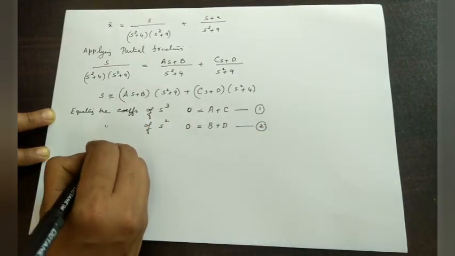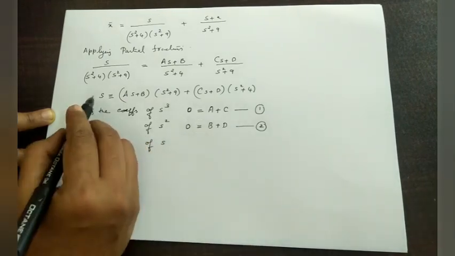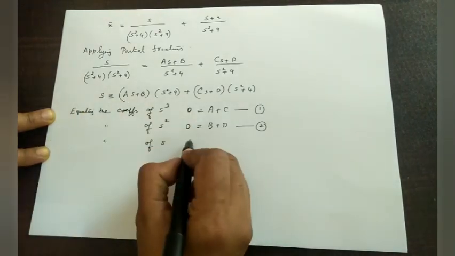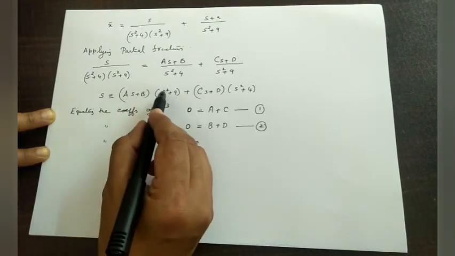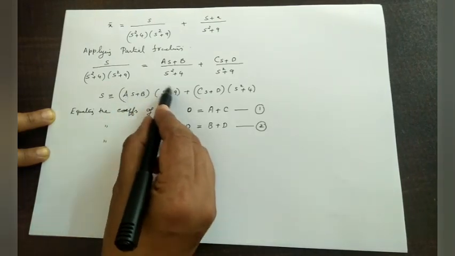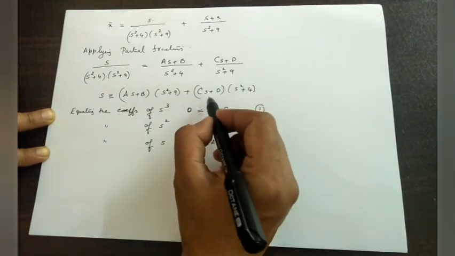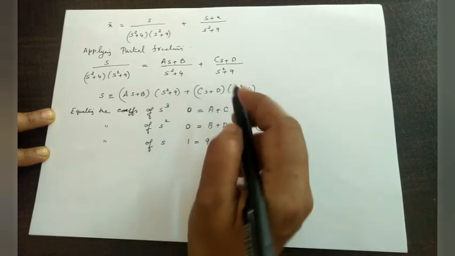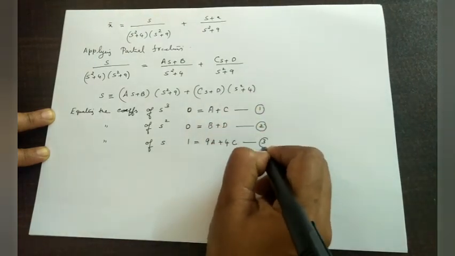Now equating the coefficient of s on both sides, we get 1 into s, therefore 1 is equal to 9a into s plus 4c into s. Put it as equation number 3.